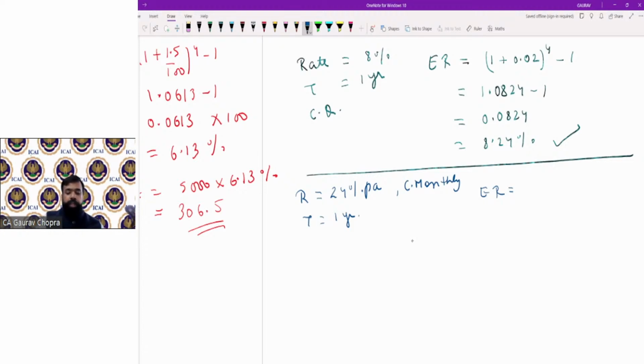So effective rate is equal to, final answer, 26.824%. So Niranjana has given, Om Gupta is correct, Komalpreet, Prakrit Goel, Ray, Maurya, Riddhi.